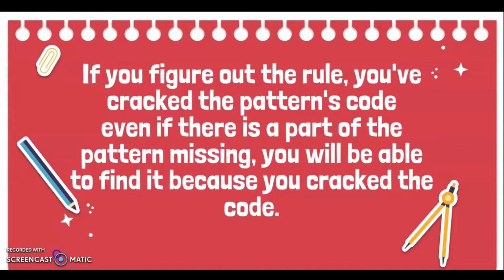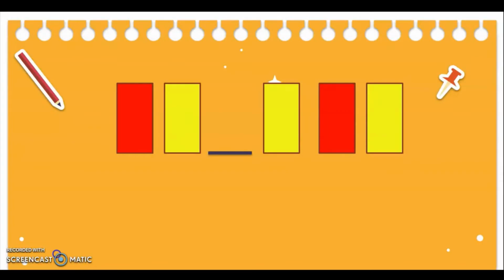If you figure out the rule, you've cracked the pattern's code. Even if there is a part of the pattern missing, you will be able to find it because you cracked the code. Here is the pattern that I just showed you. Imagine this spot is missing. What belongs in this spot?